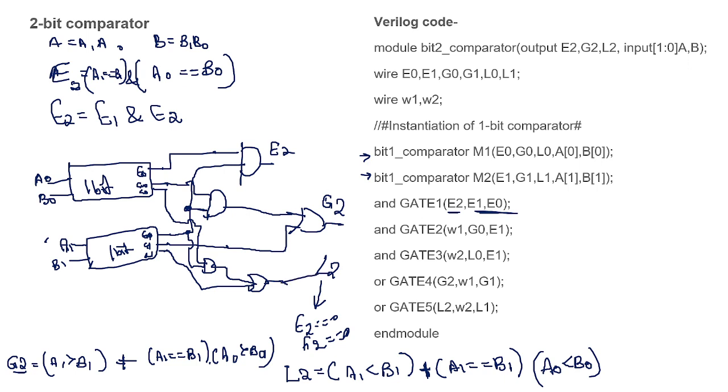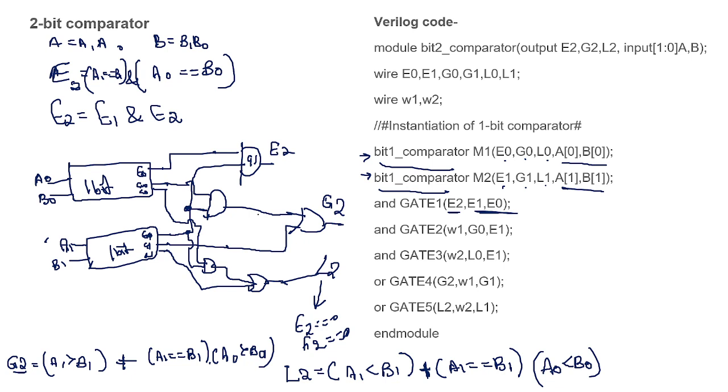Now I need two 1-bit comparators, and the inputs to the 1-bit comparators are A of 0, B of 0, and A of 1, B of 1, and the outputs are E0, G0, L0, and in the same way E1, G1, L1. Next, I need an AND gate, gate 1, where I apply E1 and E0 and obtain the output E2.